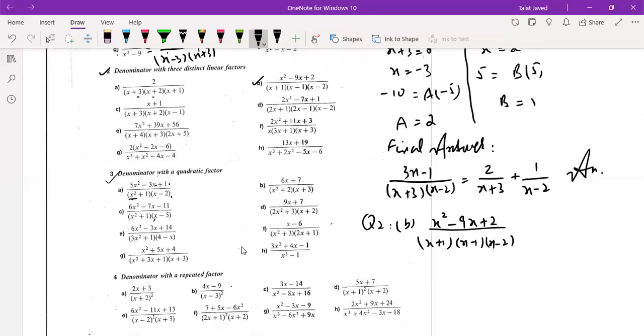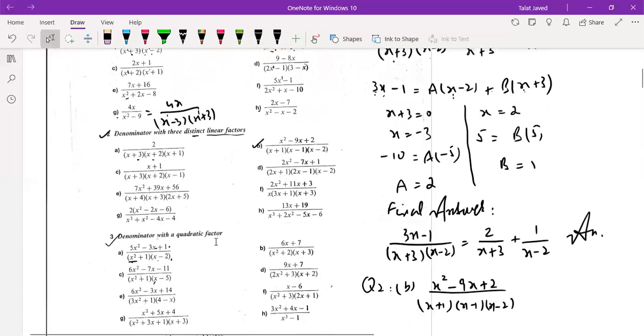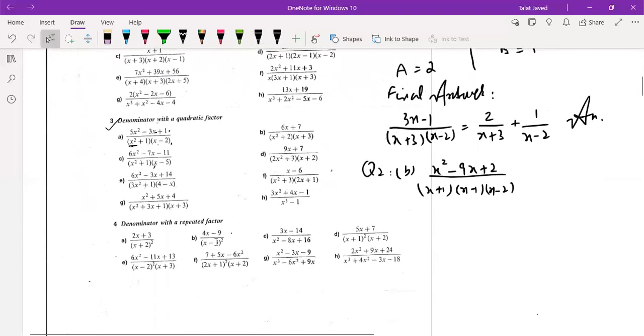The difference between question number 1 and 2 is that in each part of question number 1, only 2 factors are given in the denominator, but in question number 2, there are 3 distinct linear factors in the denominator. All 3 are linear factors.